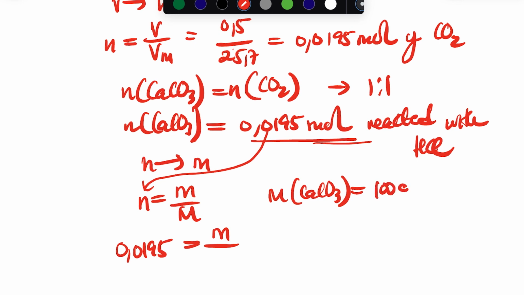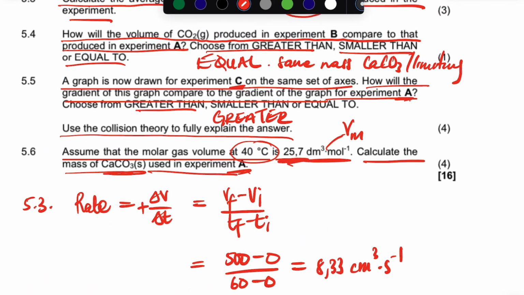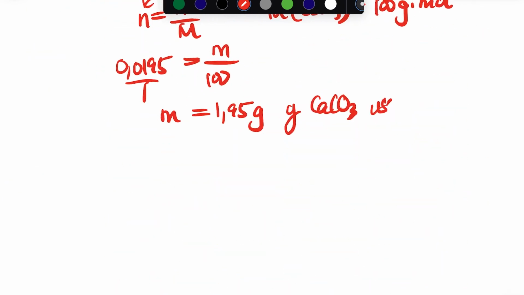It's 100 grams per mole. So when we cross multiply, the mass is going to be 1.95 grams of calcium carbonate. They said calcium carbonate that was used. So it is the mass of calcium carbonate used, in other words, the mass of calcium carbonate reacted.